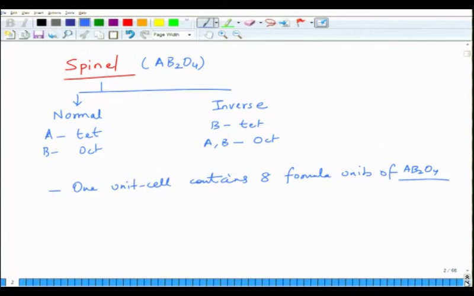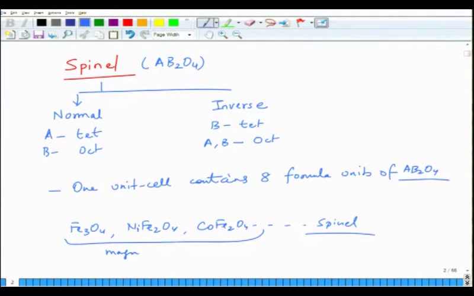So what I showed you just now was a spinel structure compound, and this is of a lot of importance because a lot of engineering oxides such as materials like Fe3O4, NiFe2O4, CoFe2O4, all of them basically follow the spinel structure, and these oxides are interesting because they are magnetic oxides and they are called ferrites.